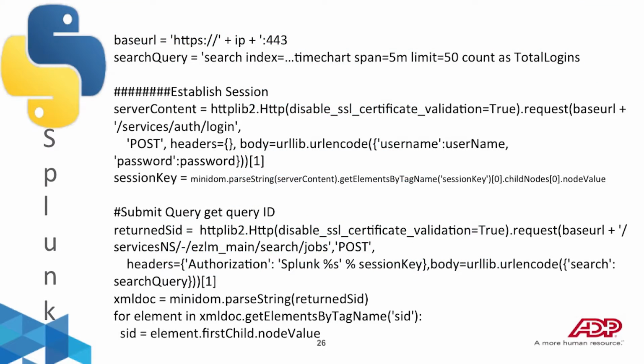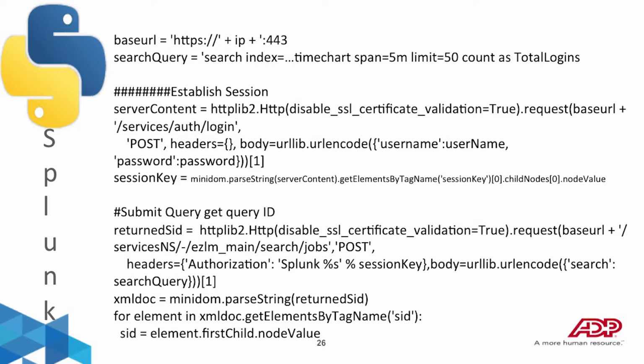Just for grins and giggles, we'll take a look at some code. And again, if anyone wants this, give me a shout. We can share this. There's nothing proprietary about any of this. But this is to pull data directly from the Splunk API. If anyone hasn't actually done that, if your security boys and girls allow you access to the API, this is just Python code.